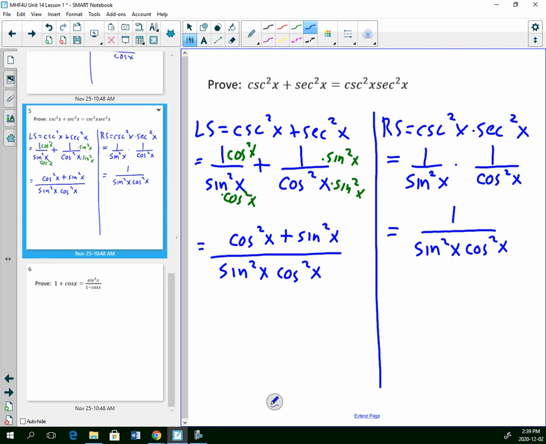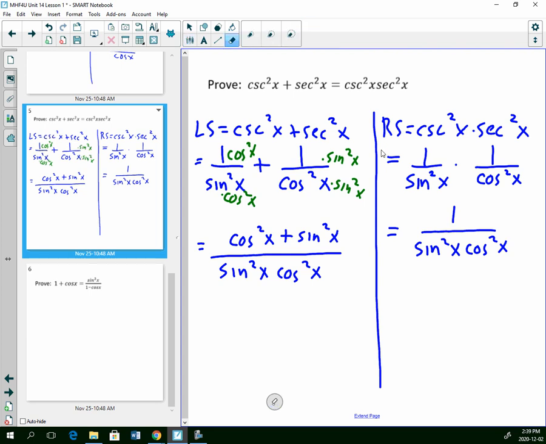Now is a good point to compare, right? I've replaced my terms with sine and cosine. I've simplified it. I've done the same on the right. Now I'm going to compare. So in the denominator, I see they're both the same. So that's good. The numerators are different.